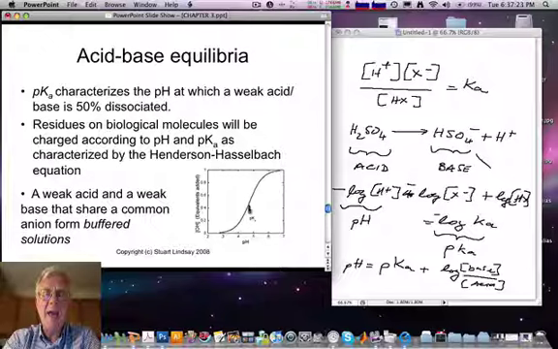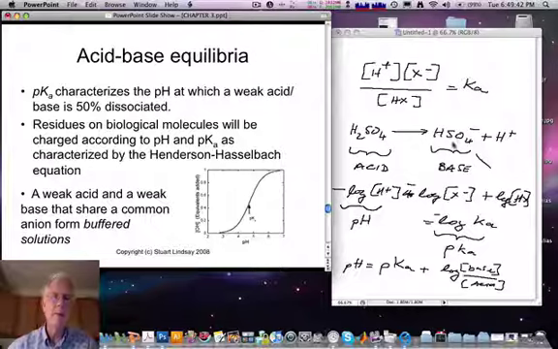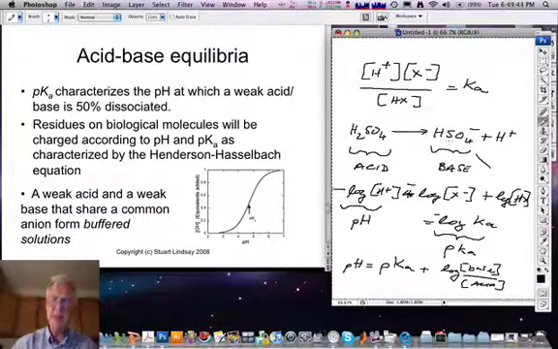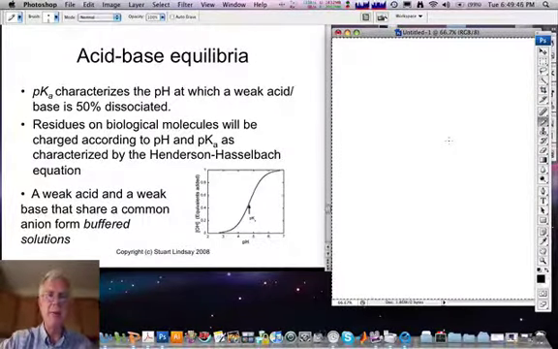The pKa, by definition, is the pH value at which the ratio of base to acid is 1, so the logarithm is therefore 0. So at this point, pKa equals pH. So what you see is that near the pKa, the pH changes very little.